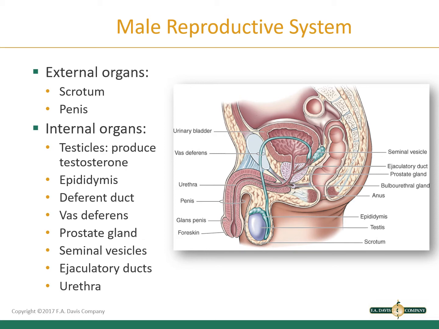The seminal vesicles create a sugar-rich fluid that provides energy to the sperm. The ejaculatory ducts empty into the urethra. The urethra is a tube that carries the urine out of the body, and it also functions as carrying sperm when the male reaches climax.